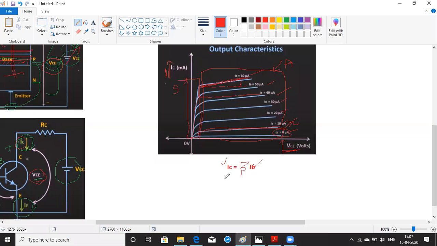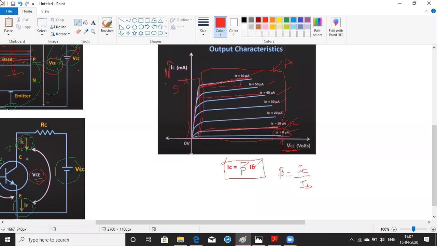So IC equals beta into IB. Beta is the current gain, where beta is equal to IC, the collector current, that is the output current, divided by the base current IB.